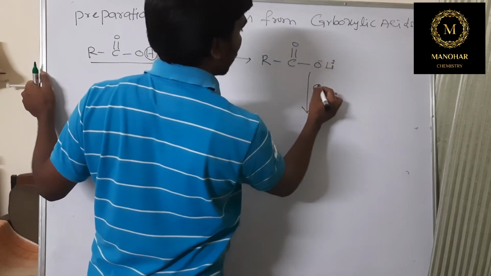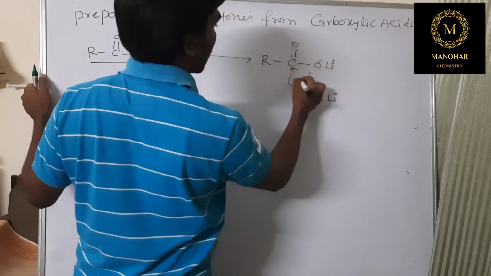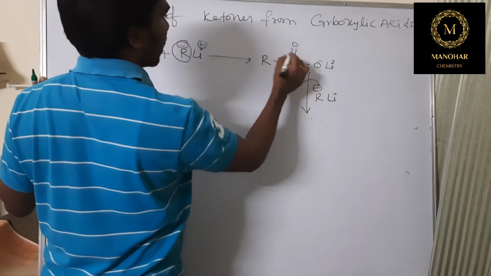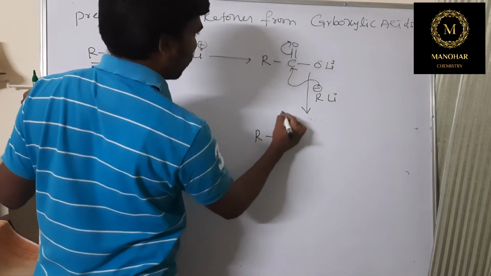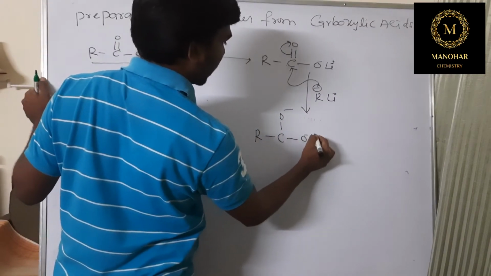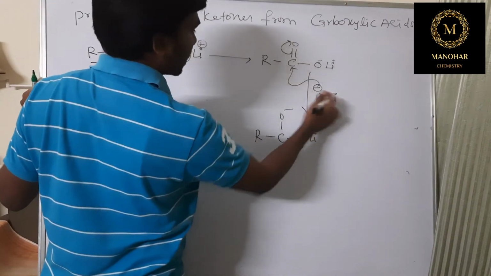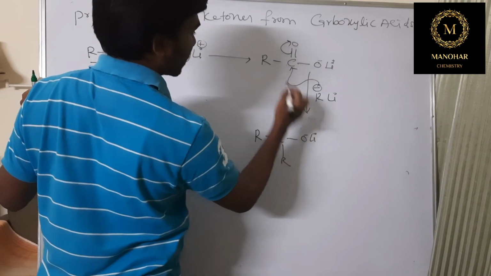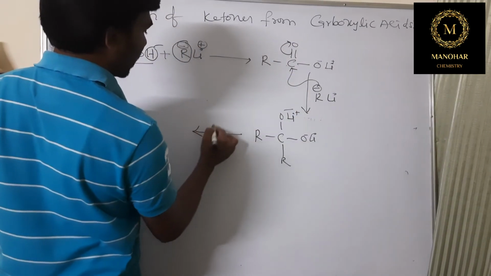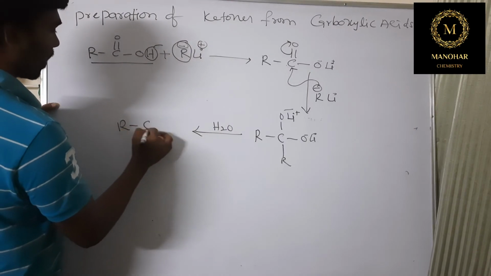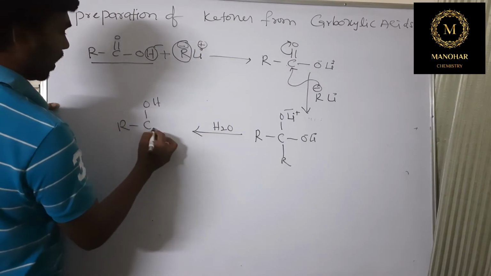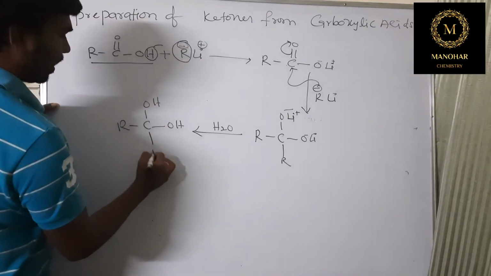Here this alkyl group will act as a nucleophile, so it will attack this carbonyl carbon, and then it will shift like this. Because of that, RCO minus and O minus Li form, and here R will form. This lithium will shift here to neutralize the charge. Then it undergoes hydrolysis and forms RC with two OH groups, and here R will form.